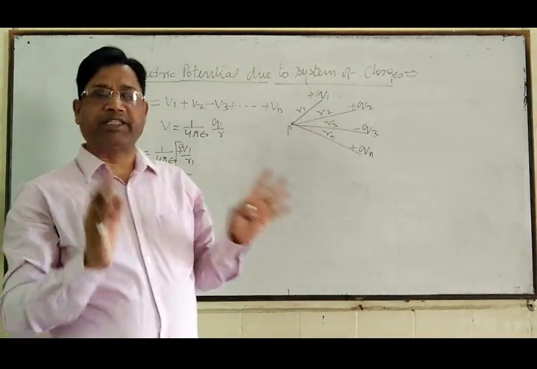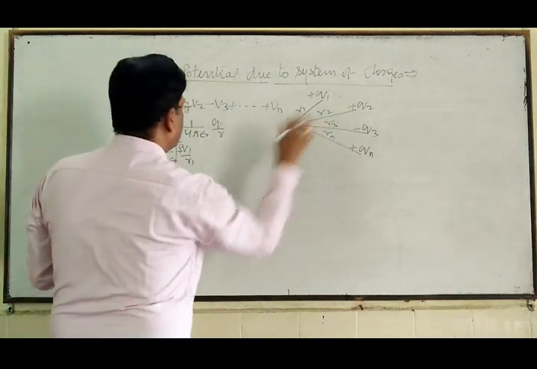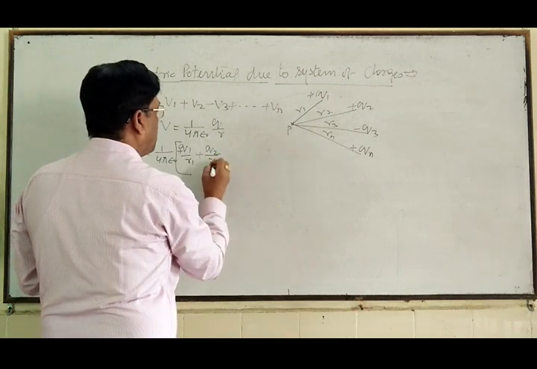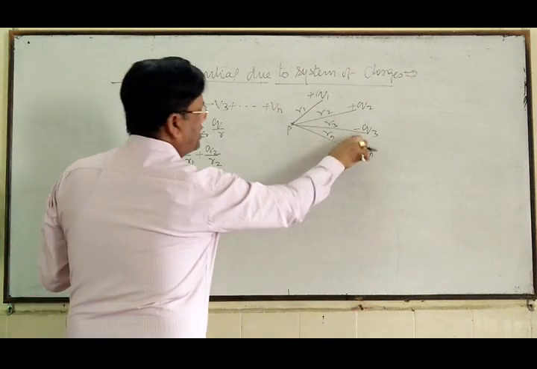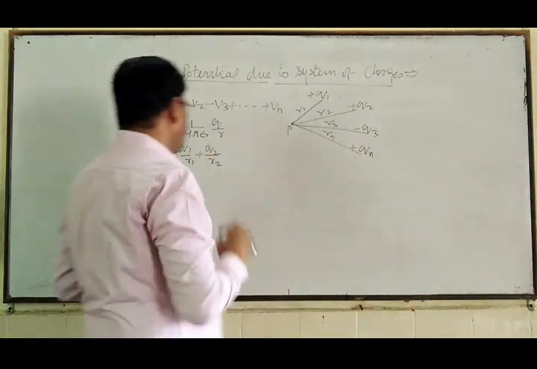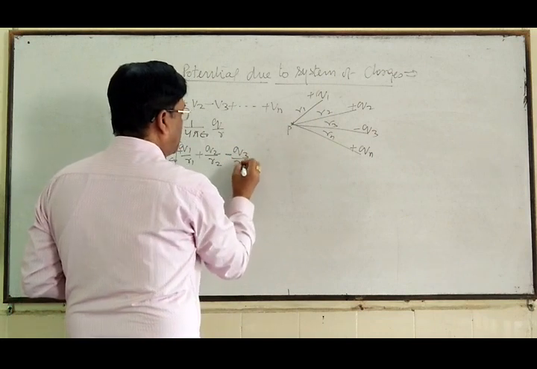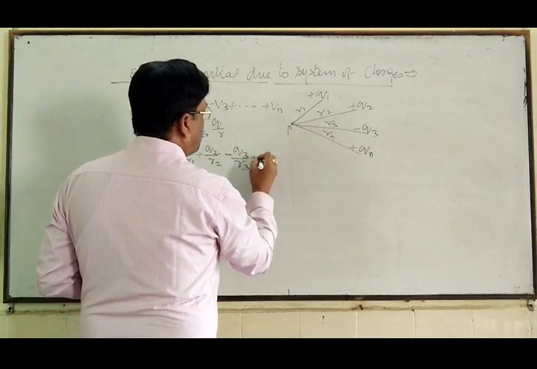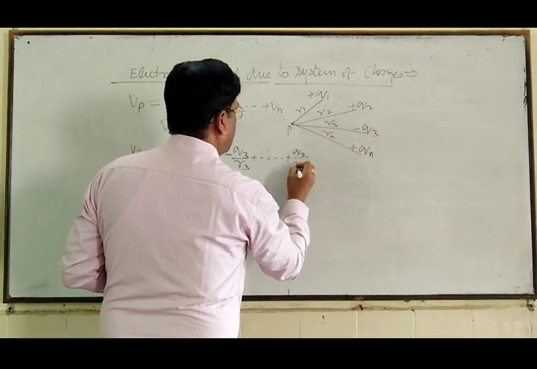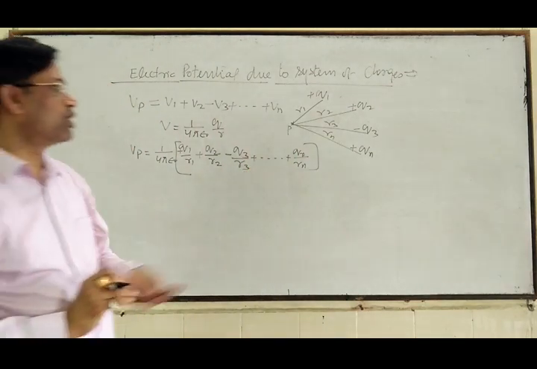Whatever is the sign of a charge, that has to be included. Then second, it is plus Q2 charge, so plus Q2 upon R2. Then this charge is negative, so due to the negative charge the potential will also be negative, that is minus Q3 upon R3, plus and so on up to the nth charge upon Rn. In this way, you can find out electric potential.